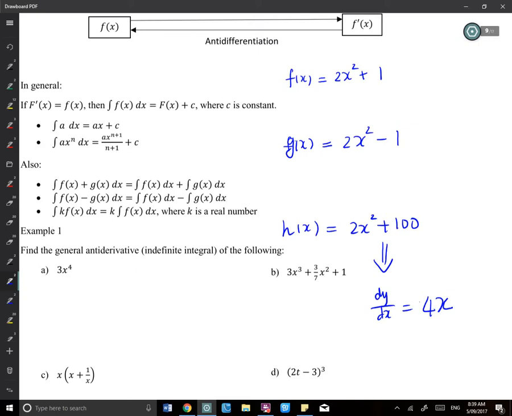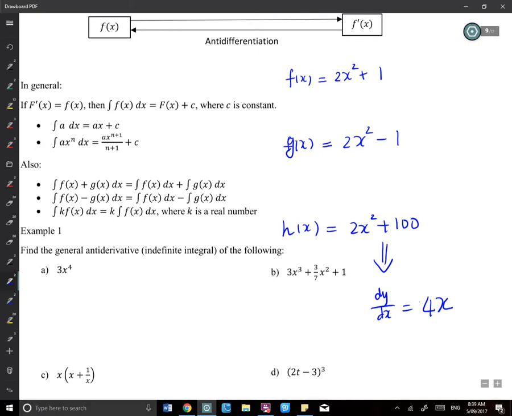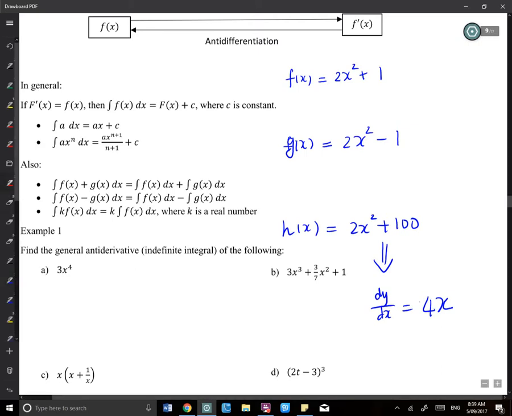You can get any, right? f(x) satisfies dy/dx, g(x) satisfies that, h(x) satisfies that, they can all become pairs. If dy/dx is anti-differentiated, I can get all of them. All 3 of them satisfy it. Which tells us about the constant: I can't be sure of the constant.